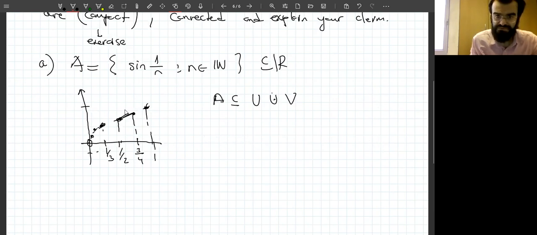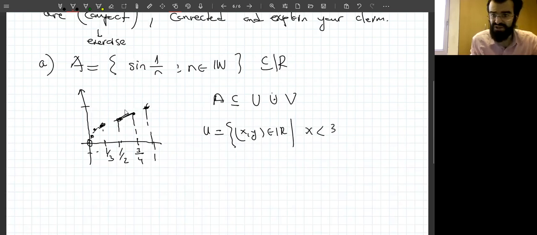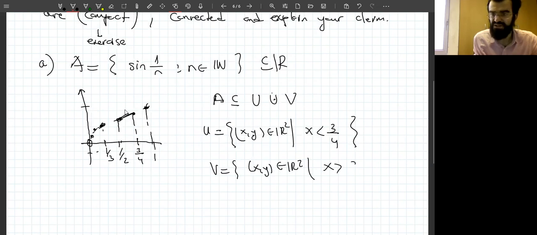Here, U is the set of (x,y) in R squared such that x is less than 3/4. And V is this set, x is greater than 3/4.